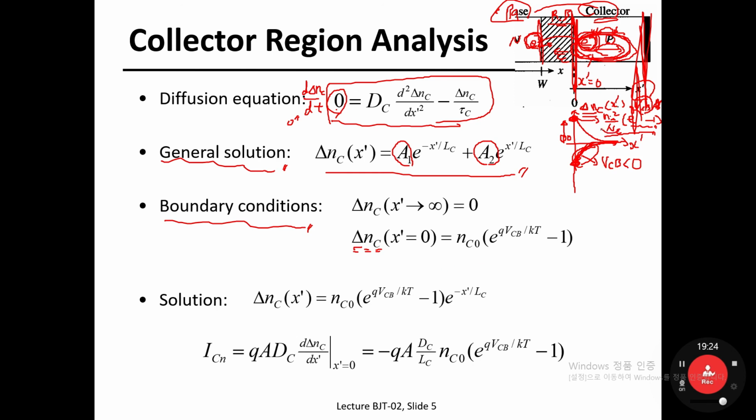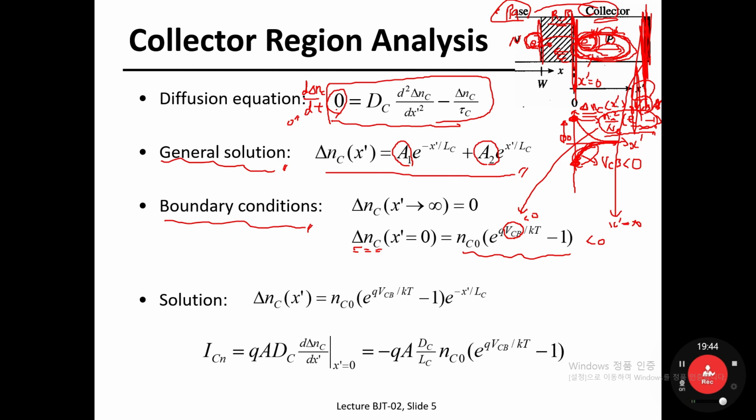Just bring this equation, and definitely this V sub CB is currently a negative value, so this whole value is negative. Okay, and another boundary condition is the other side edge right here. So x prime is infinity.